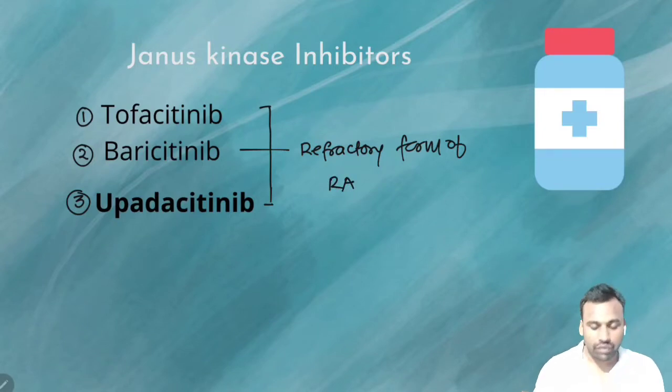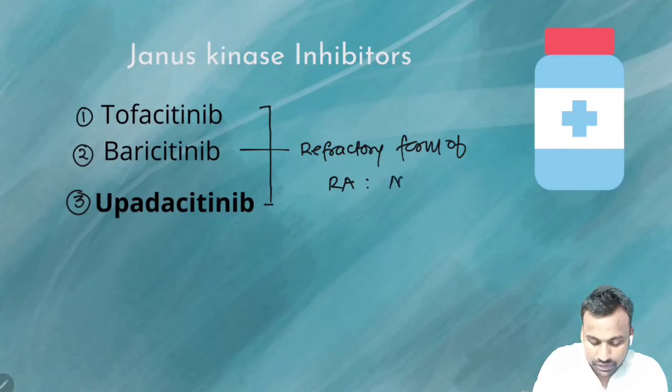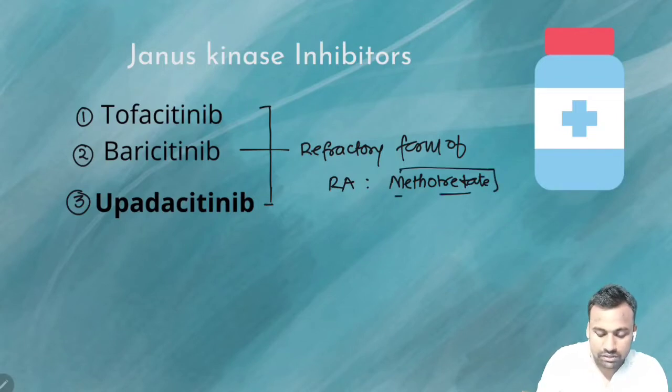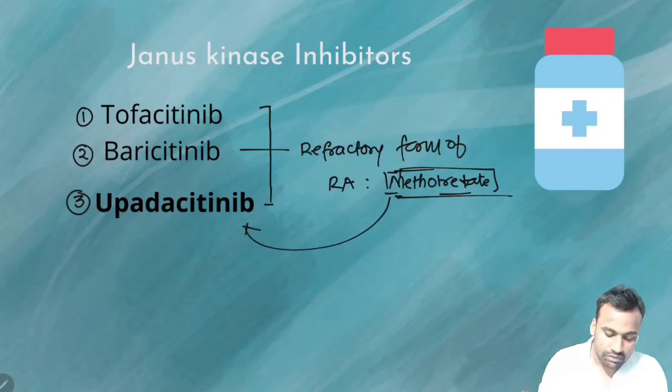Means when drugs like methotrexate do not work, you can use this type of drug, the Janus kinase inhibitors.